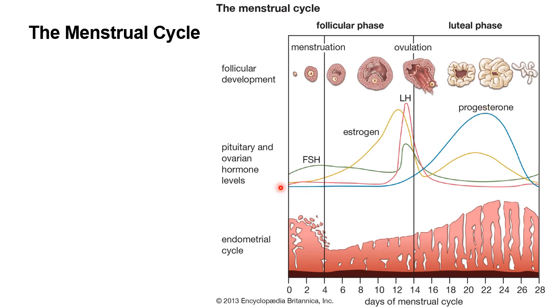And as they decrease further, the body will now be unable to maintain the endometrium, and the endometrium sloughs off. And that cycle occurs on and on from menarche, or the start of menstruation, up to menopause, or the end of menstruation.